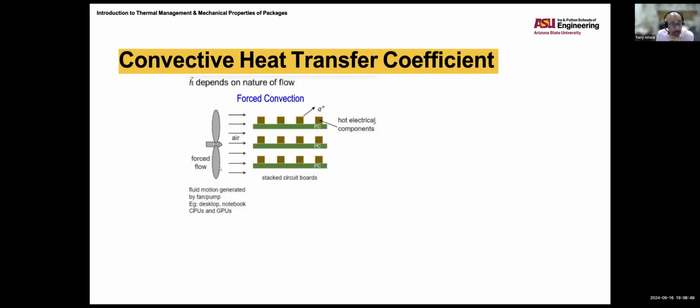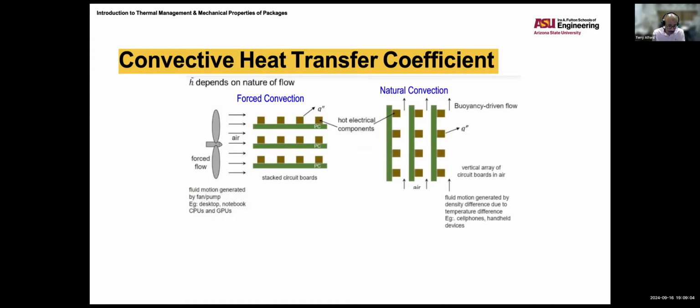In this particular case, we've got a fan, as in desktops and notebooks. And remember, we talked last week about removing the heat from our devices, how much heat we generate. And remember, we had our gamers talking about overclocking the CPU.